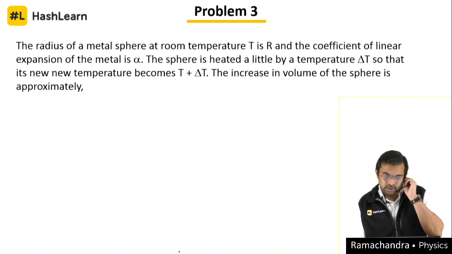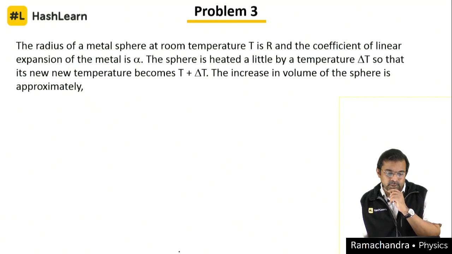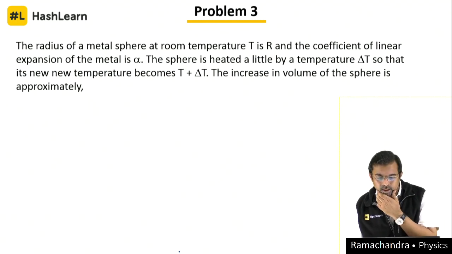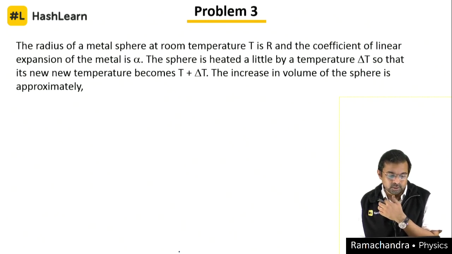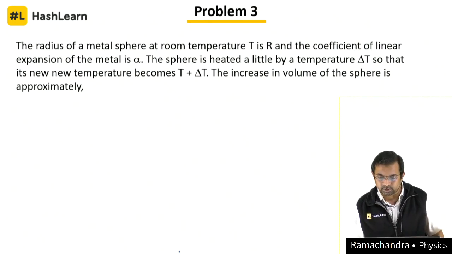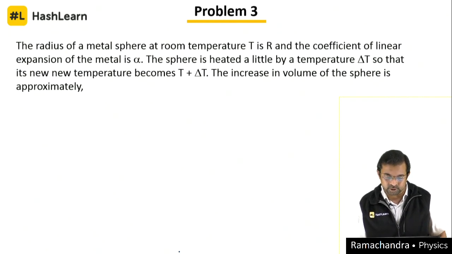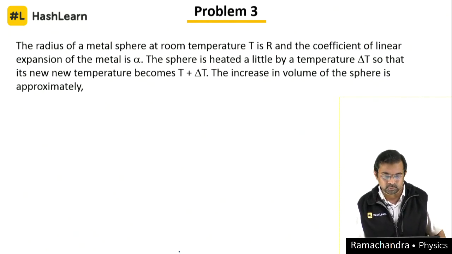So let's take up the third problem. The radius of a metal sphere at a temperature T is R, and the coefficient of linear expansion of the metal is alpha. The sphere is heated a little by the temperature delta T, so that the new temperature becomes T plus delta T. The increase in volume of the sphere is approximately.